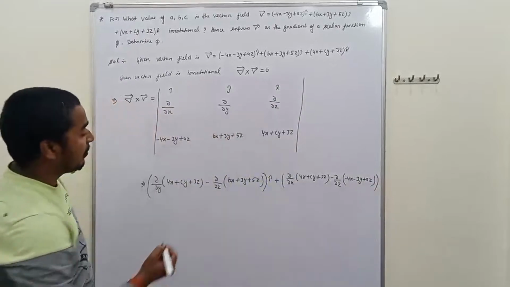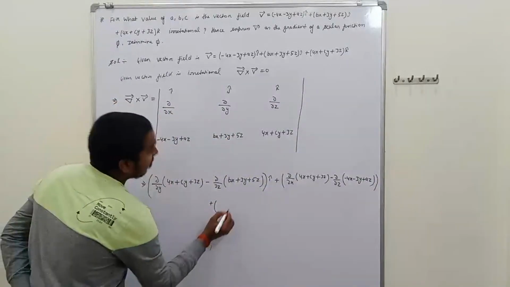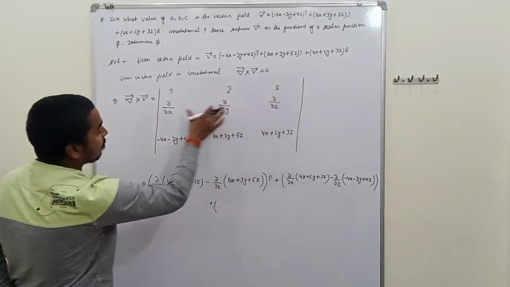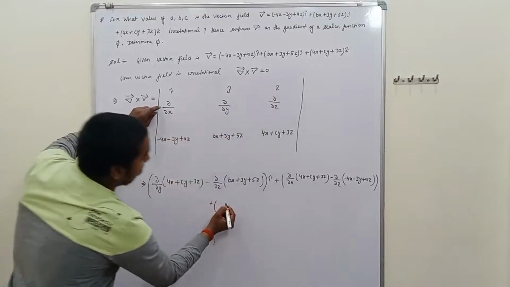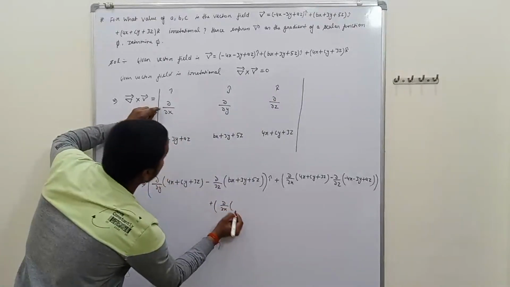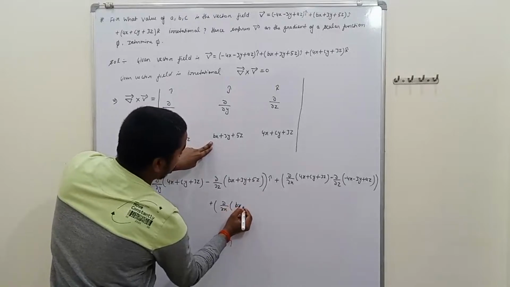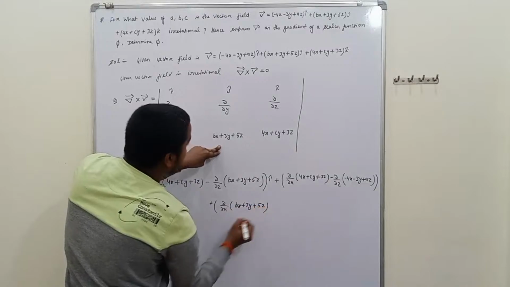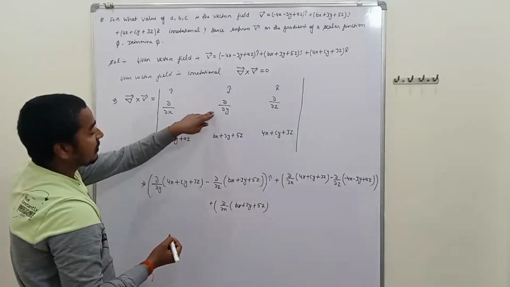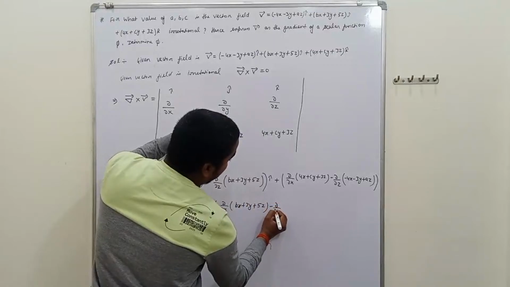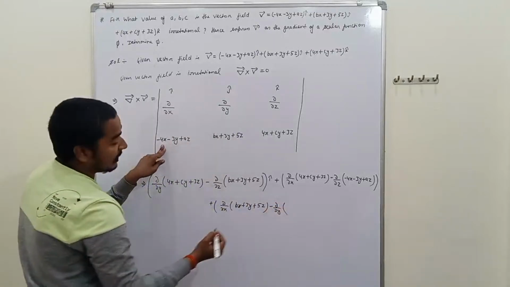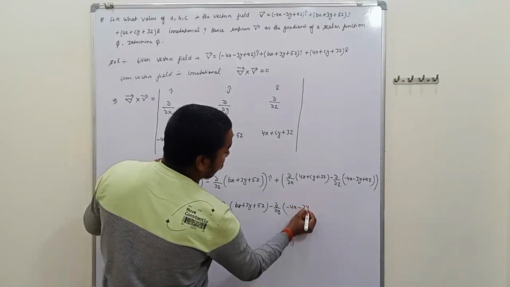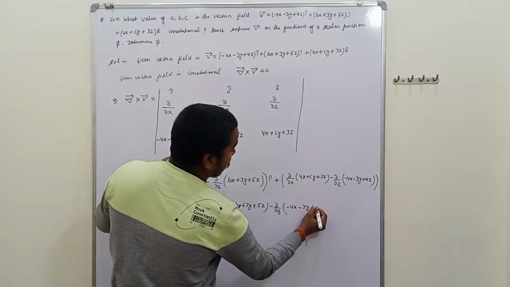When taking k cap, this row and column are eliminated, and we solve del x of bx plus 3y plus 5z, and taking minus, del y of minus 4x minus 3y plus az.